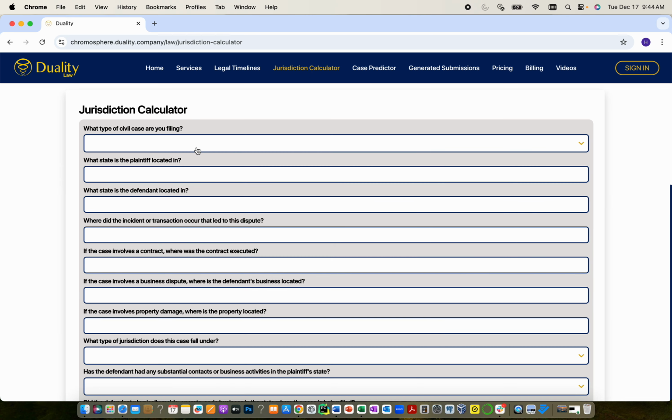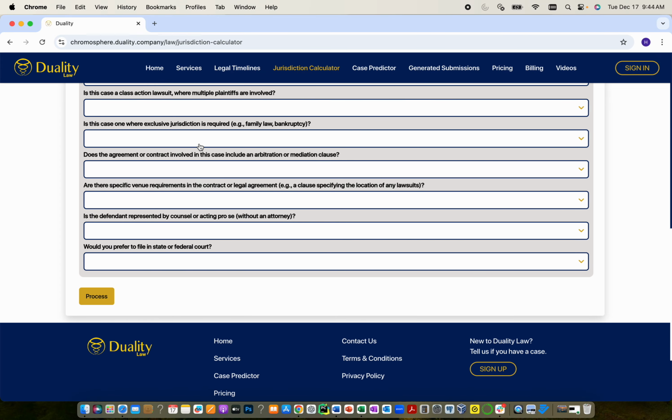And then the Jurisdiction Calculator. This is a free resource that we provide. Once you know where you're located or where you're a citizen or resident of, and the same for the other party or parties, you can enter all that information into this calculator, and it will tell you, while taking into account your preferences, what your options are for filing, and whether your top choice is legally an option, or if it's probably not the best venue, because while you could file there, the other party could make a motion to transfer or dismiss based on jurisdiction or venue.